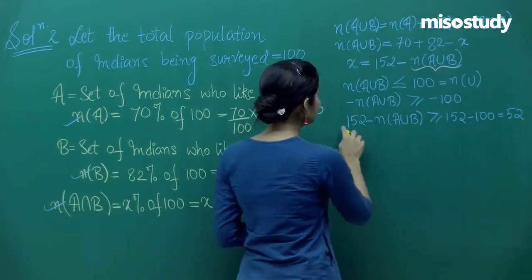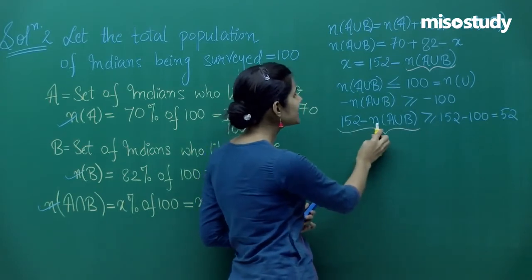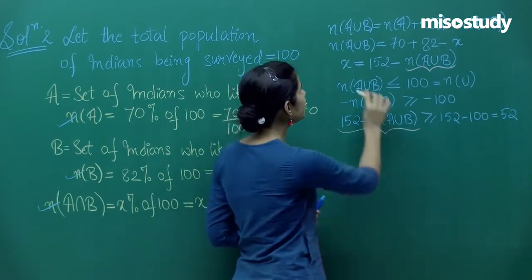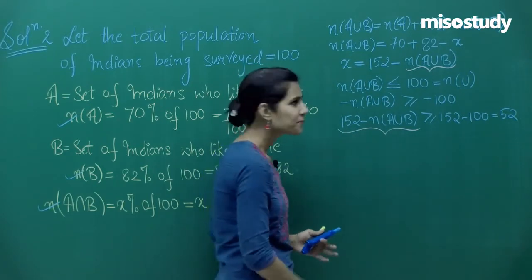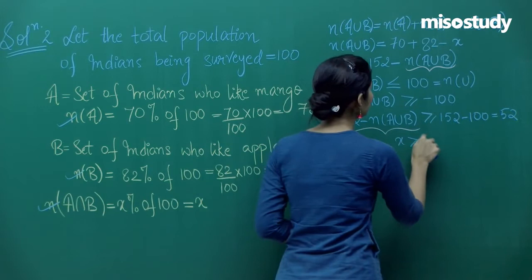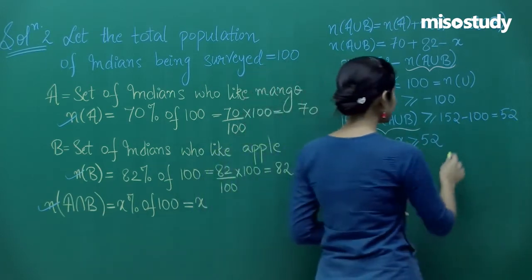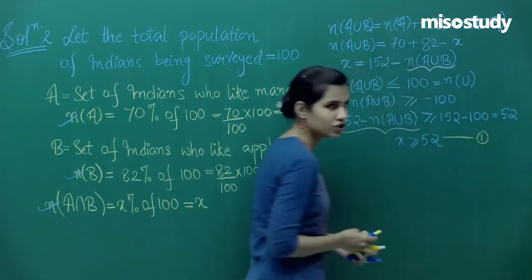But what is this that I have obtained? Isn't 152 minus number of members in A union B equal to x? Yes, so you have got that x is greater than or equal to 52. This is the very first equation.